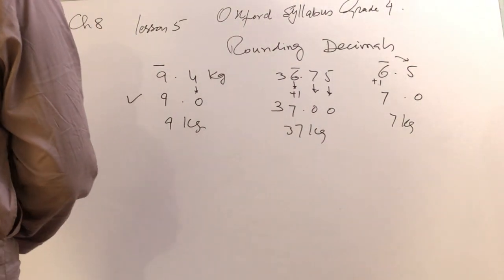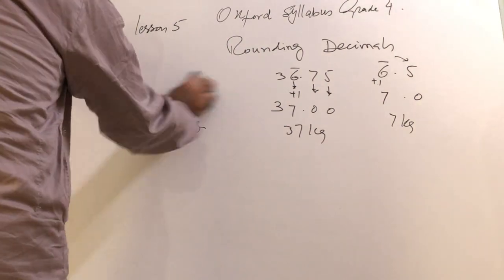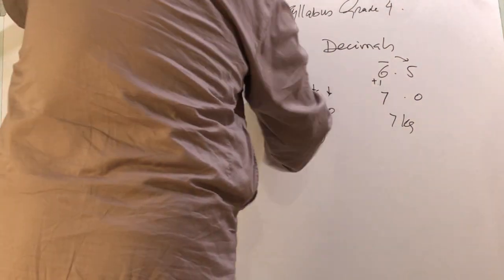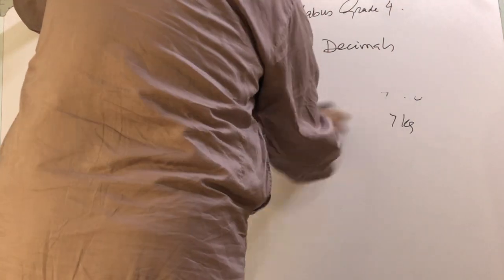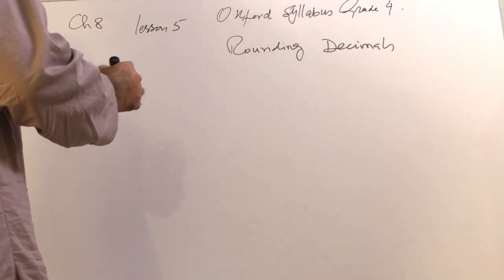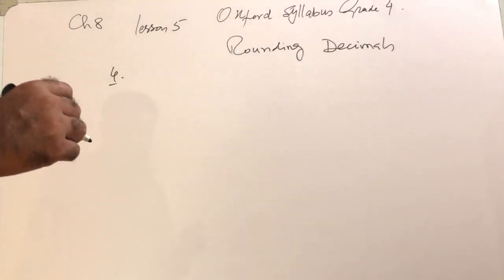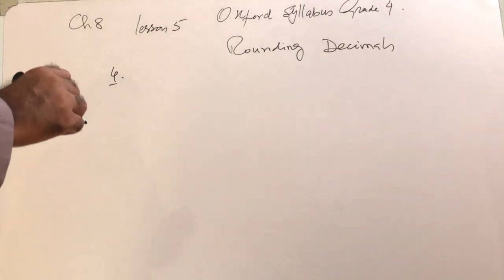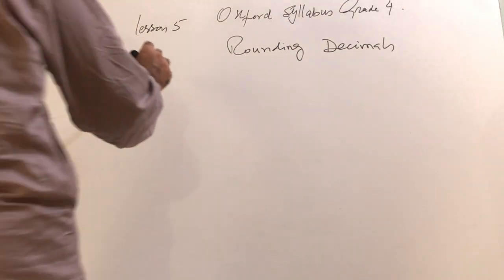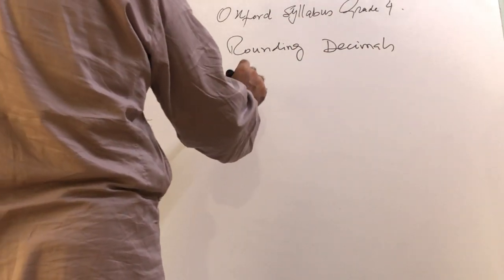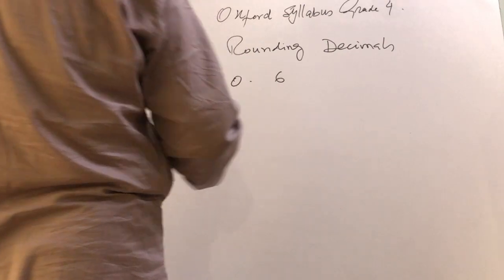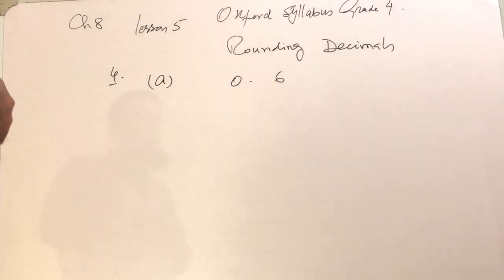Now we will be doing other similar questions so that you should be sure about the concept of rounding of numbers. Question number 4, page number 176. Round each decimal to the nearest whole number. 0.6. Whole number means that we don't need the point. We need to see whether it is 0 or 1, the exact number.